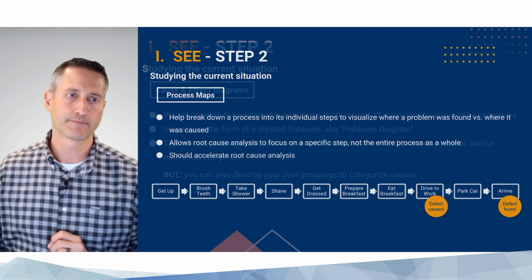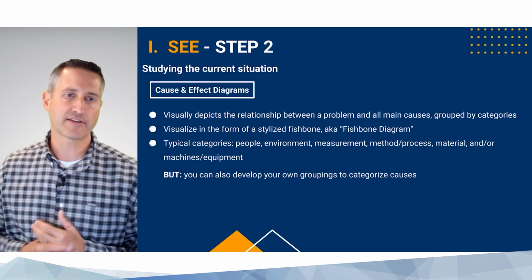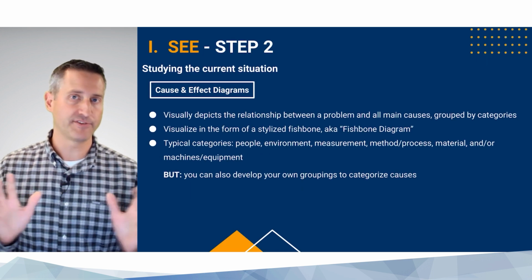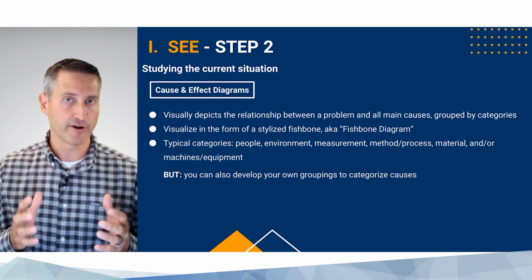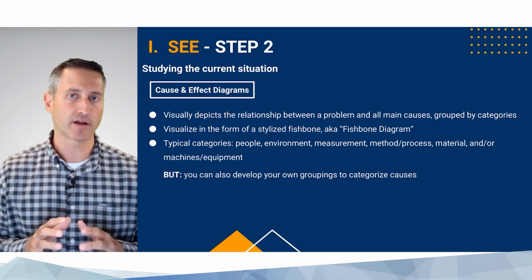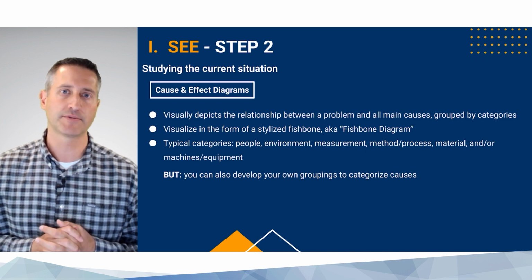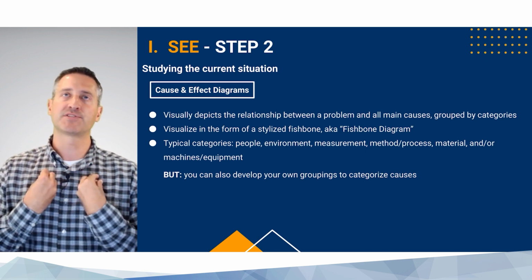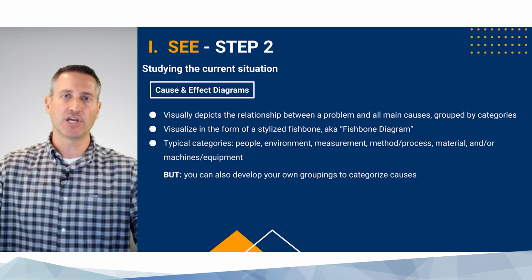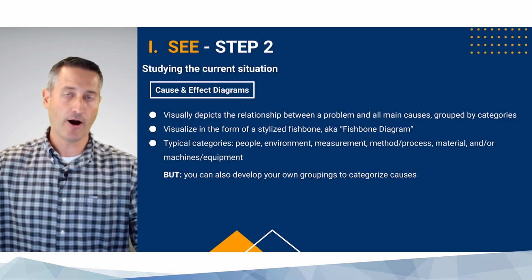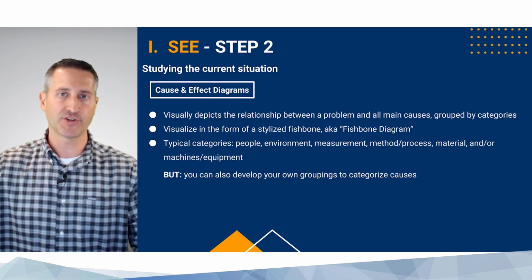The next tool is cause and effect diagrams. I love this tool. It is a very good collaborative tool, so I would recommend that you always have other people involved in cause and effect diagrams. And the reason I love it is it gives everybody a chance to get their view out on where the problem is occurring.